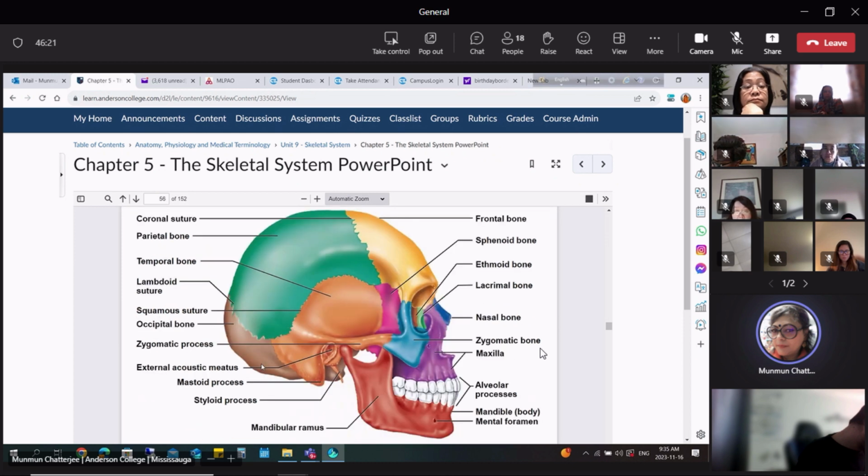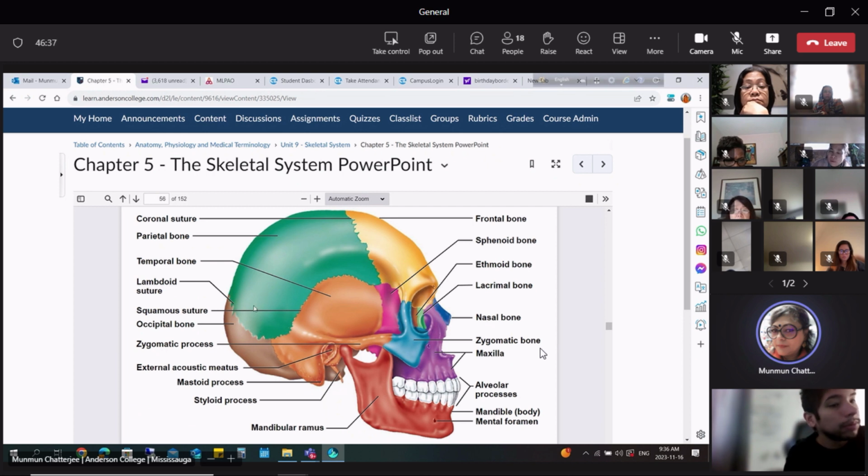So here you can see how it looks. These are called the sutures. The whole skull is made up of small pieces of bones. The front covering is called the frontal bone.